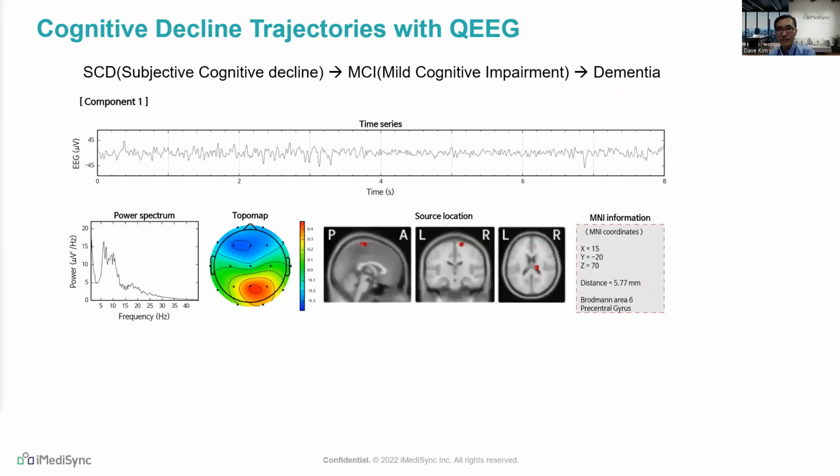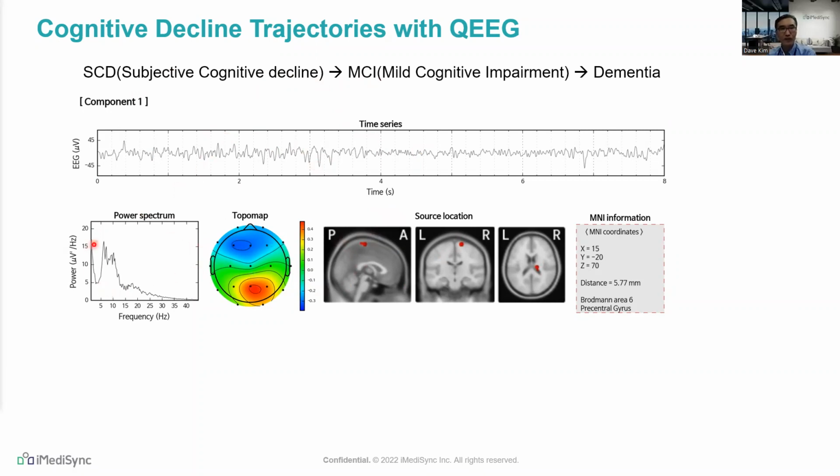In cognitive disorder, the SCD, this is the case we saw, the mild SCD and the borderline between the SCD and MCI. This is the case we just reviewed.